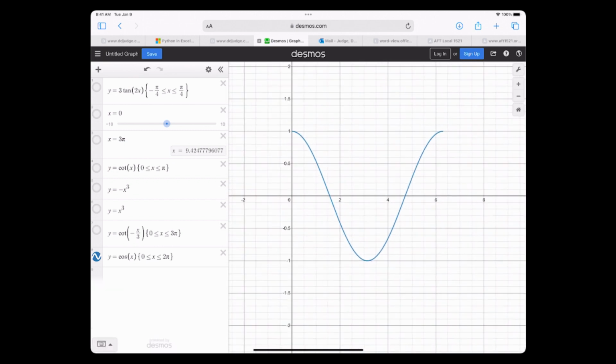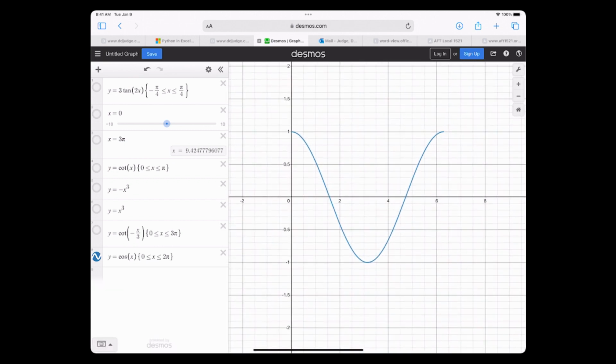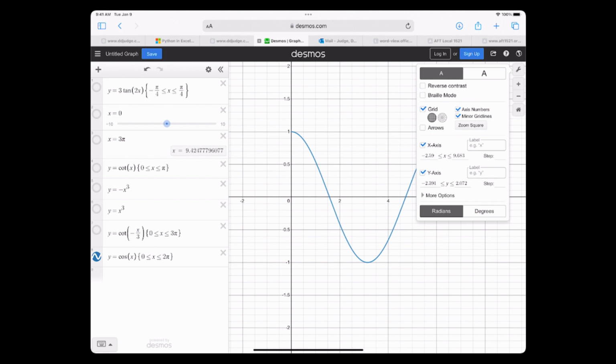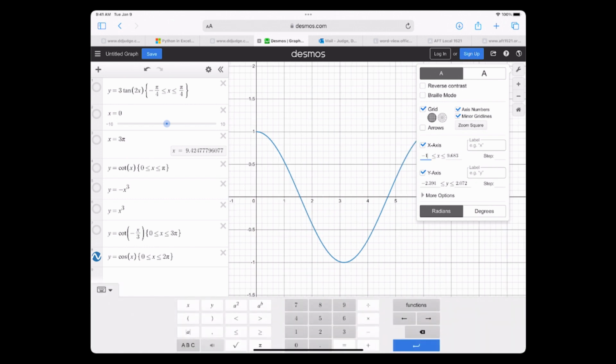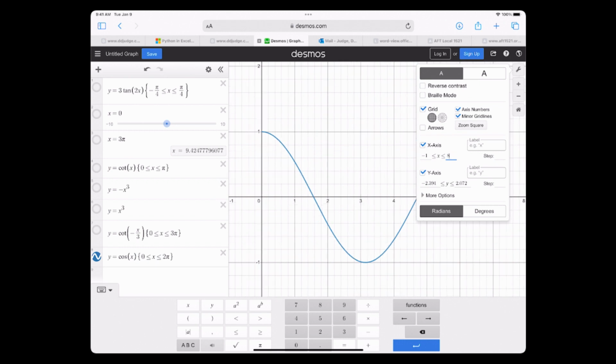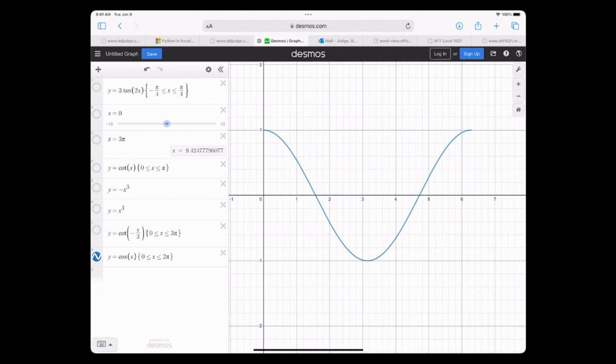That looks a little better. Okay, let's do the x-axis again. I said negative 1. Let's do 8. That looks a lot better. What do you guys think? Isn't that the graph of cosine?